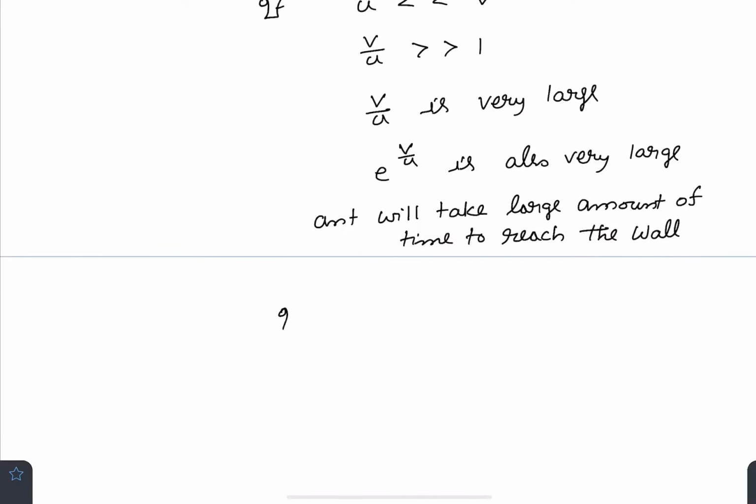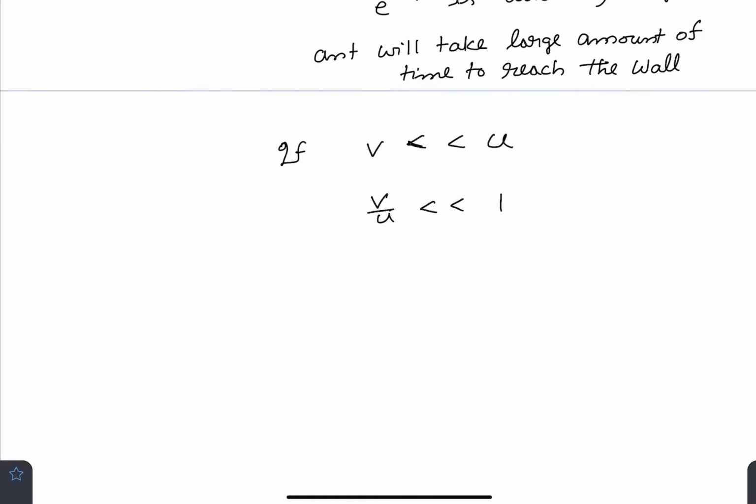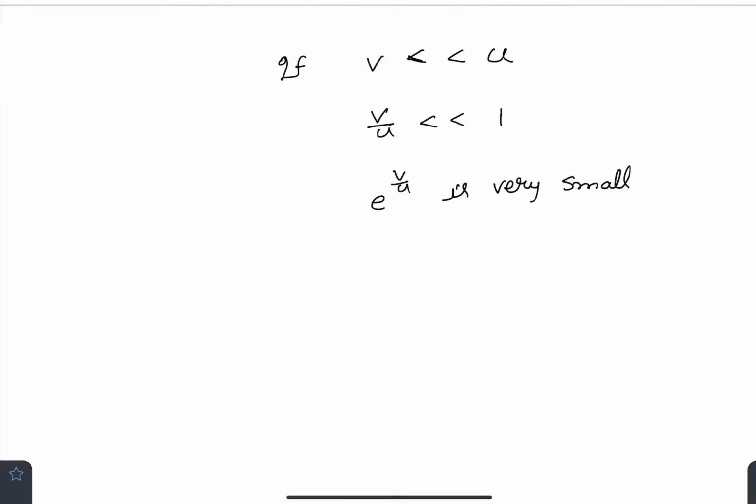One more case we could have: if v is very much lesser than u, it means in this case the rubber band is expanding very slowly and the ant is moving very fast. In this case, v by u would be very much less than 1. If v by u is very less than 1, e raised to v by u is close to 1.